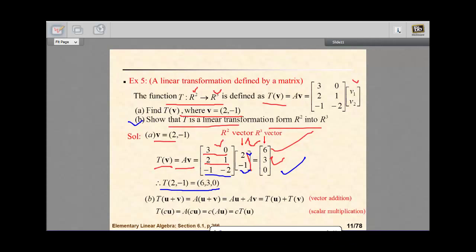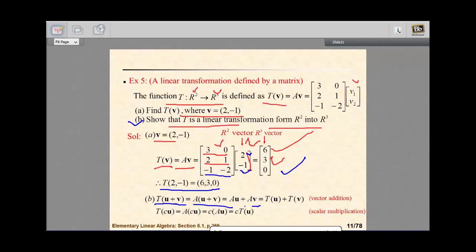And the second question is, show that T is a linear transformation from R square to R square. So we know that to show whether it is a linear transformation or not, we have to show two things. First, we have to show that transformation of u plus v will be equal to transformation of u plus transformation of v.